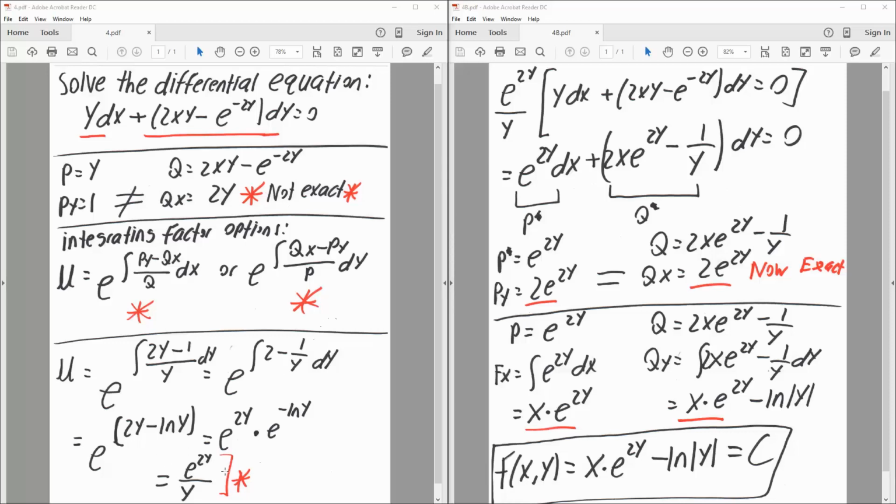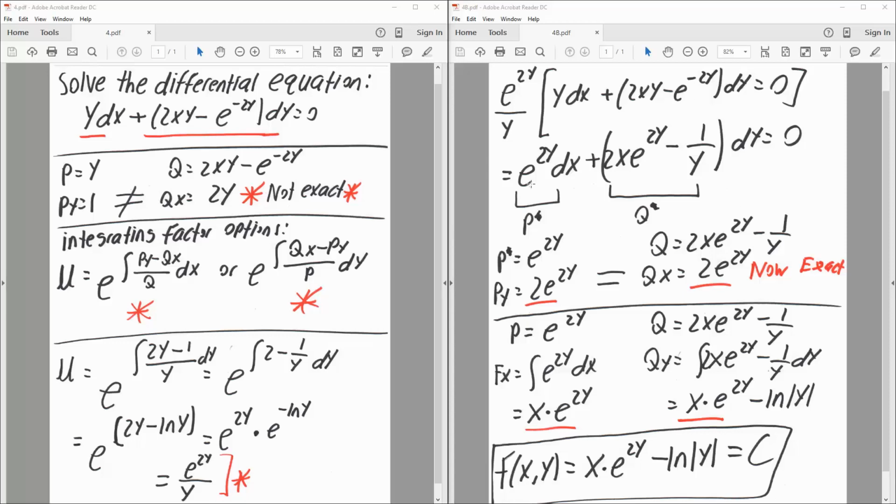And so we multiply this by all of this. So we would get e raised to 2y divided by y times (y dx plus (2xy minus e raised to negative 2y) dy) is equal to 0.